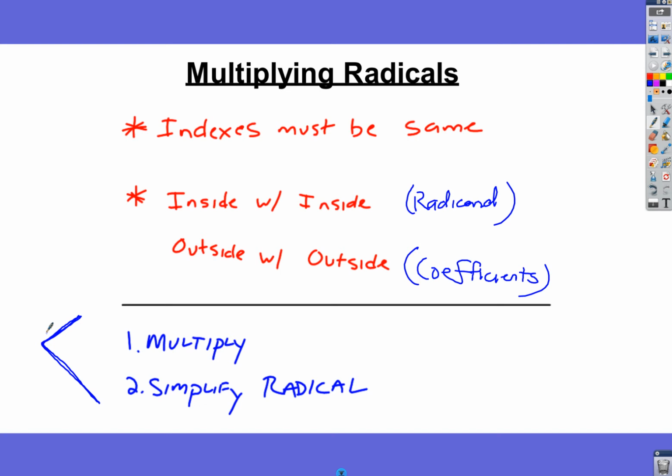Typically, I would teach them in this order. I think universally, this is what requires the least amount of steps, if you do it in this order. But there's a different dynamic that we're going to have to deal with before the quiz on Friday. Anybody want to take a guess?